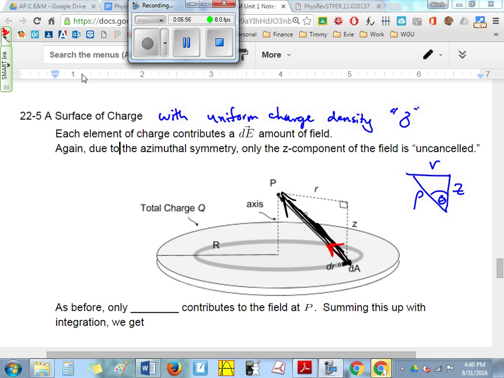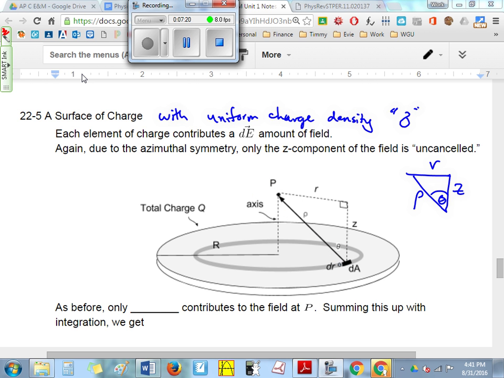That kind of depends on how charged this disk is. So the little red arrow is the field vector. The black arrow is a position vector. Okay? Now, if it's a super low charge on the disk, then this little red arrow might be very short. But if it's a very heavily charged disk, then it will be a very long arrow, perhaps even longer than the black, if that makes sense.